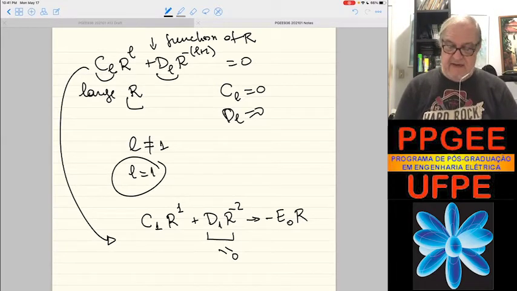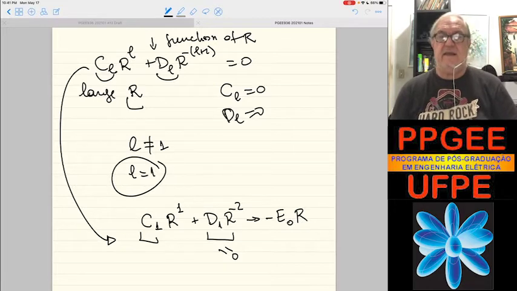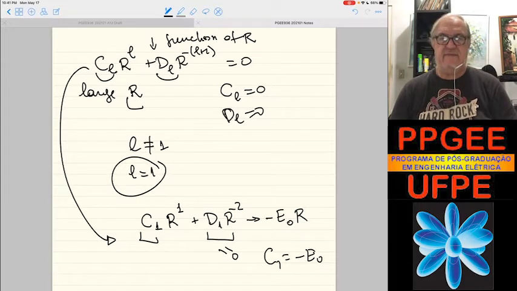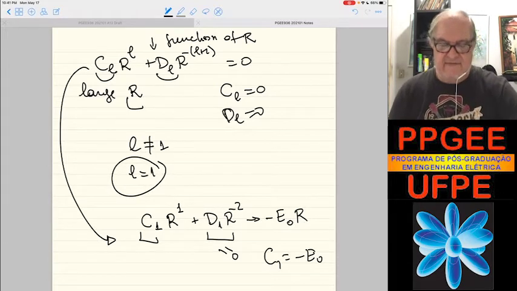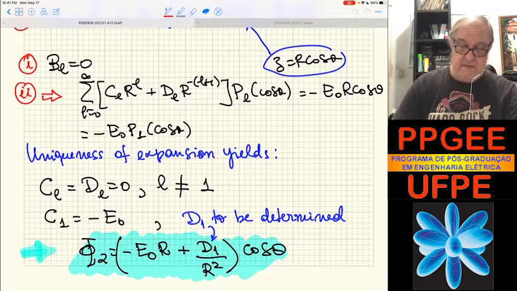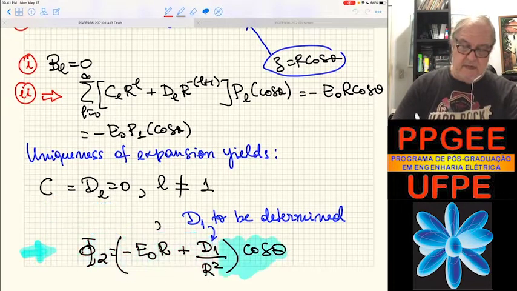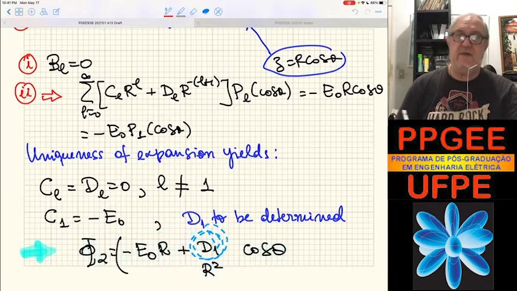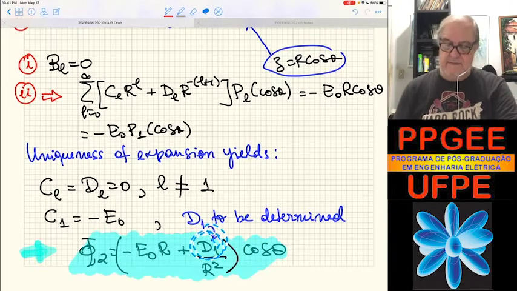So we have to have C1 equals minus E0. That's what we have to have. So we have determined one constant of the potential.